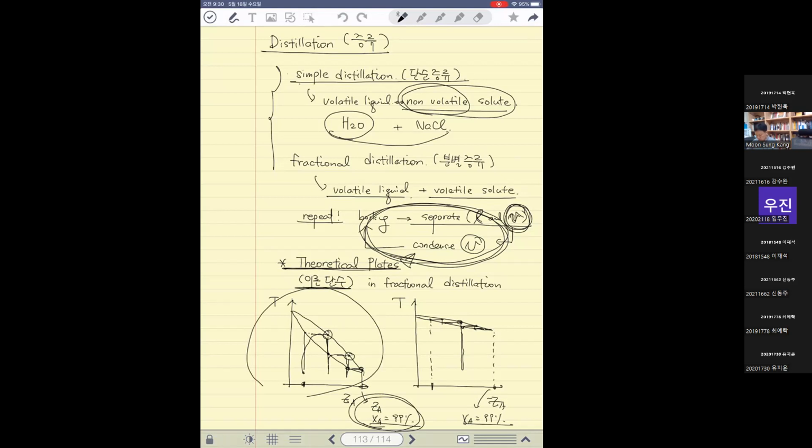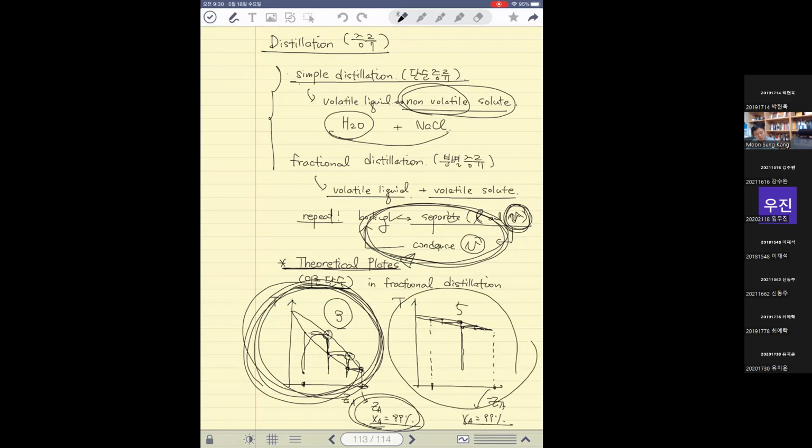The theoretical plates for my mixture following this phase diagram is equal to 3. I need 3 cycles of repeating boiling, separation, and condensation. Whereas here, I needed 5 cycles of boiling, separation, and condensation, right?